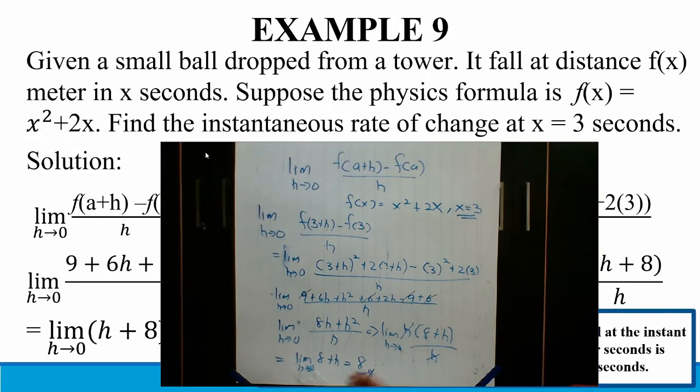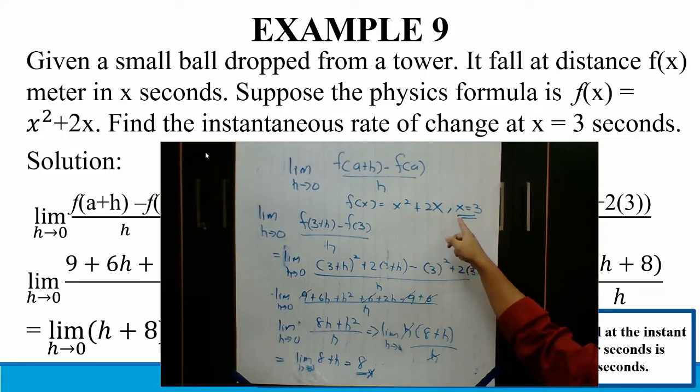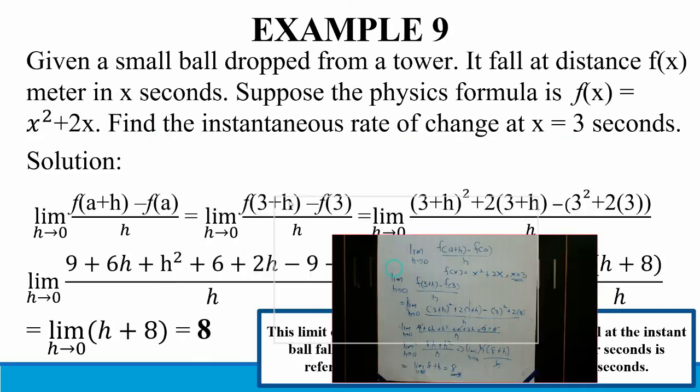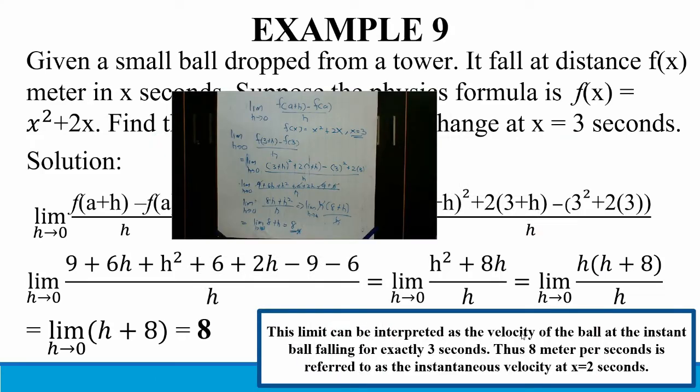So the instantaneous change when x is 3 seconds means the limit is interpreted as the velocity of the ball at the instant the ball has been falling for exactly 3 seconds. Thus, 8 meters per second is the instantaneous velocity at x equal to 3 seconds. Sorry, this should be 3.